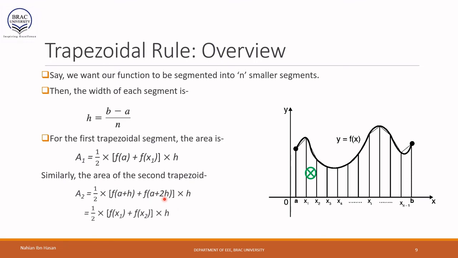We can simplify this to f of x1 plus f of x2. So that's the area of the second trapezoid, and this is the area of the first trapezoid.